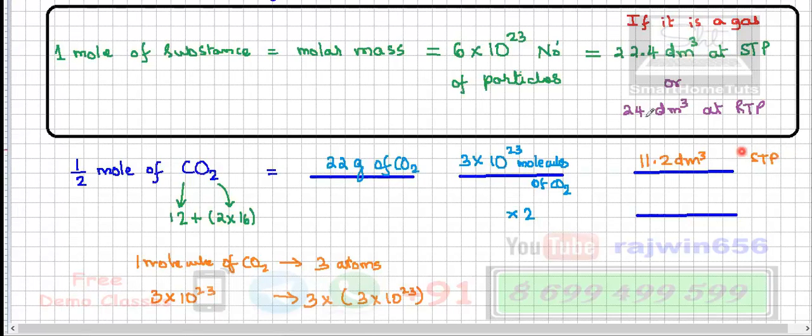And if it is RTP, room temperature and pressure, 1 mole is 24 dm cube. So half mole is going to become 12 dm cube at RTP, room temperature and pressure. You can take down these examples, then we are going to do several examples for practice.